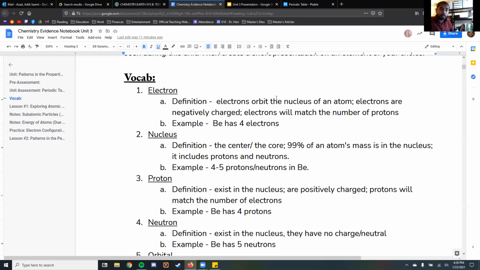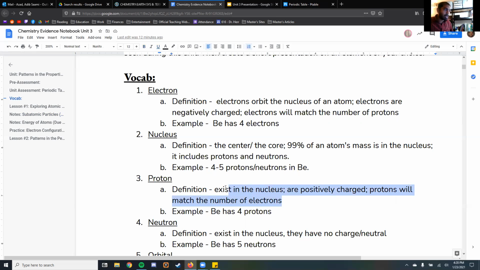There's no charge on an overall atom. So protons, which are positively charged, and electrons, which are negatively charged, have to cancel out. Next up, we have a nucleus, which is where most of the mass is in your atom. The nucleus has both protons and neutrons.